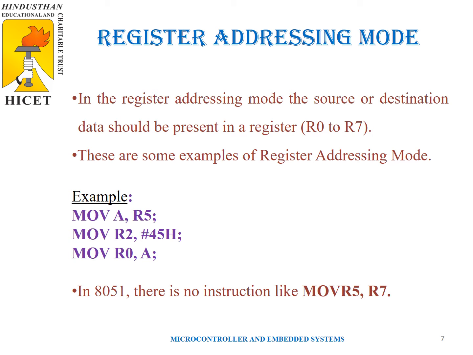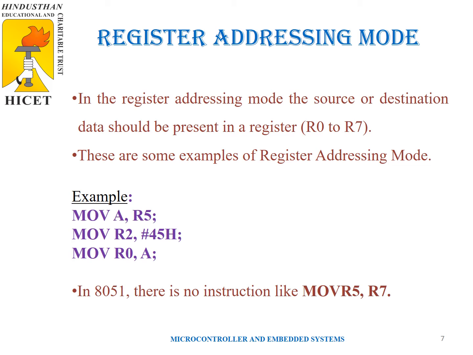Coming to the register addressing mode. In this addressing mode, the source or the destination data should be present in a register, that is R0 to R7. Here, some of the examples are listed out. MOV A, R5. Here, the content present in R5 is copied to the accumulator.